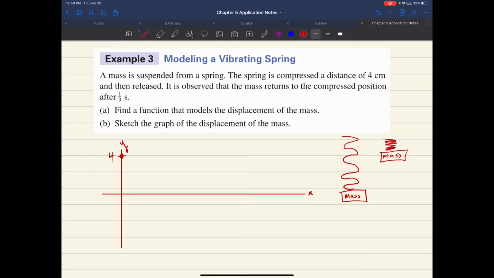It says it is observed that the mass returns to the compressed position after 1/3 of a second. So after 1/3 of a second, it's going to return to that spot. In simple harmonic motion, we're not taking into account any realistic physics.